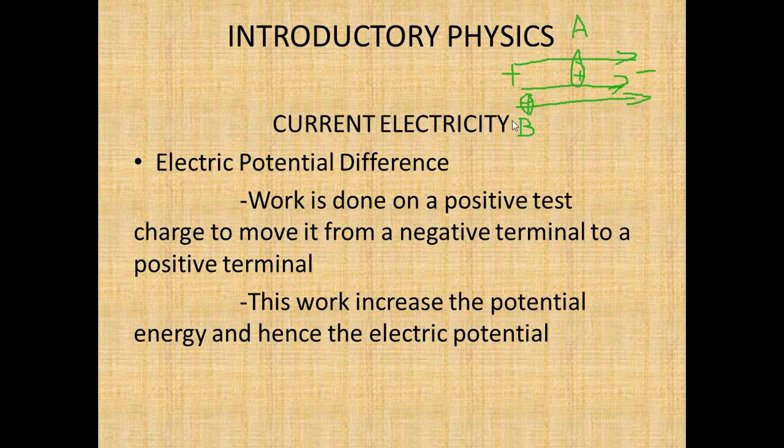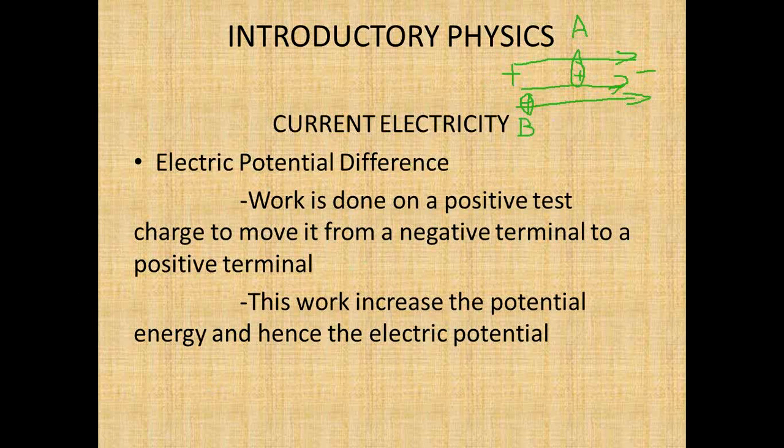Again, we call the positive a high potential terminal, and the negative we call a low potential terminal. Okay, this work increases the potential energy and hence the electric potential. So you're moving from A to B. You're going to increase the potential energy, and as a result, you increase the electric potential.